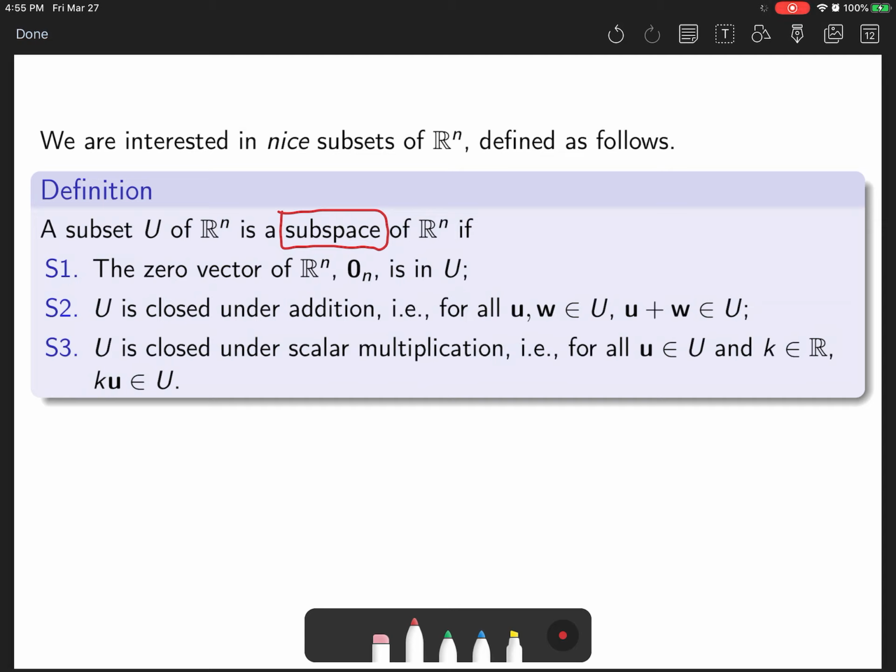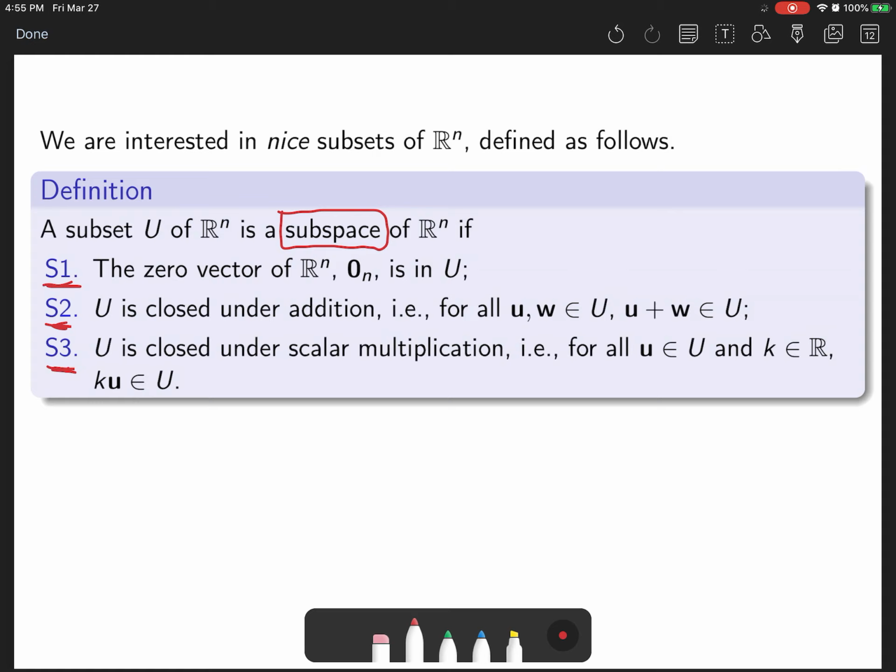And a subspace is a special subset of Rn. A subspace must include the zero vector. It must be closed under vector addition and closed under scalar multiplication.